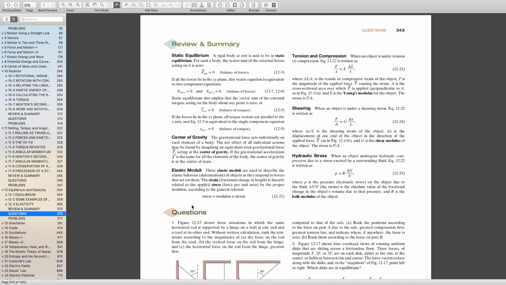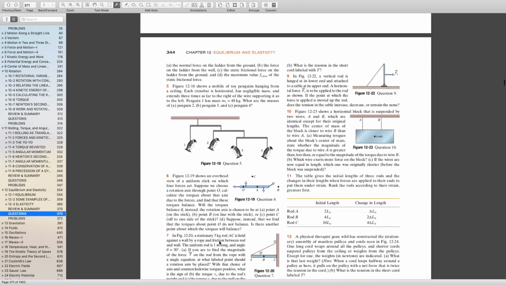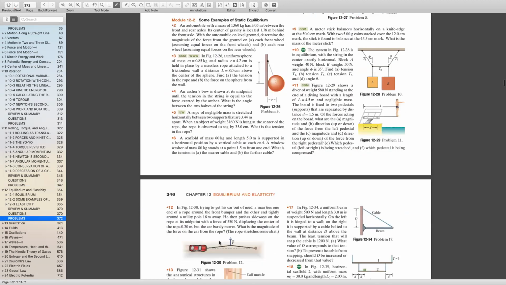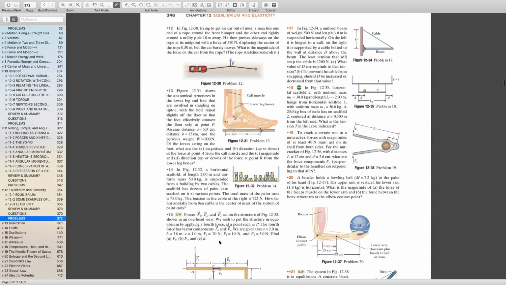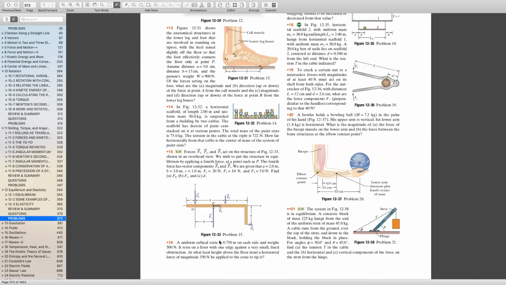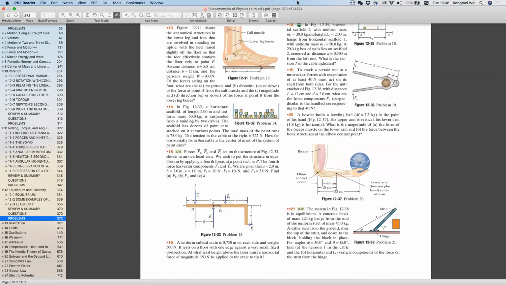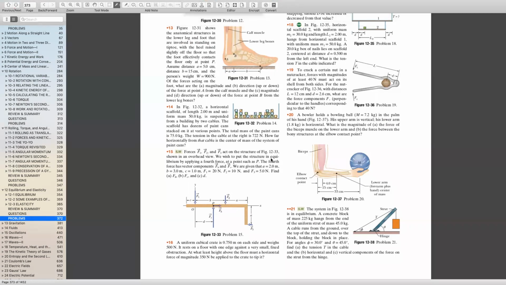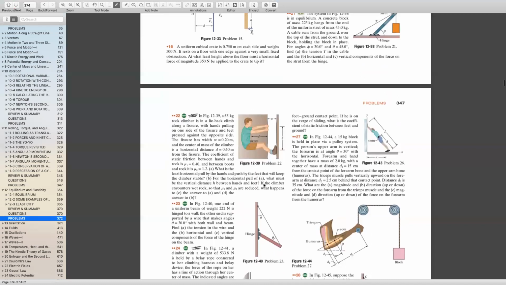Question 12. You can try question 22. Okay, this one.